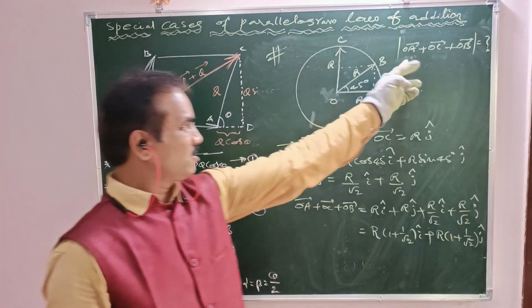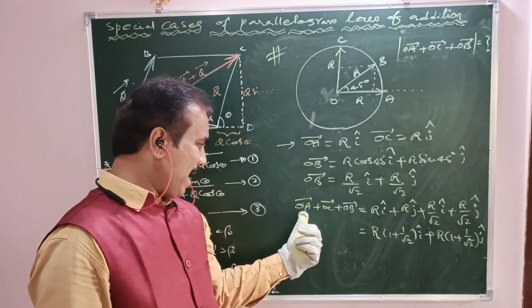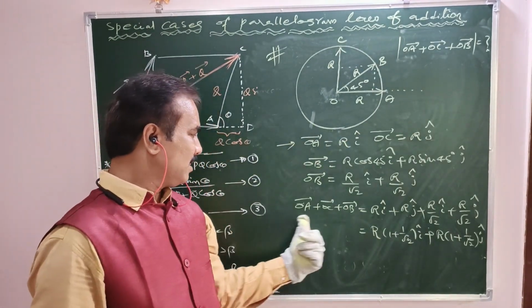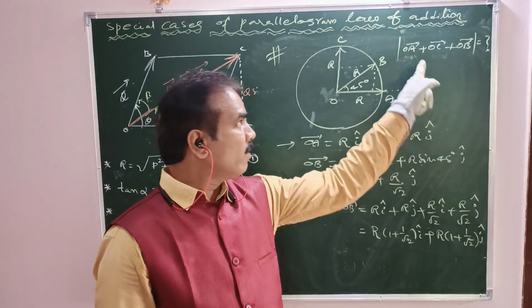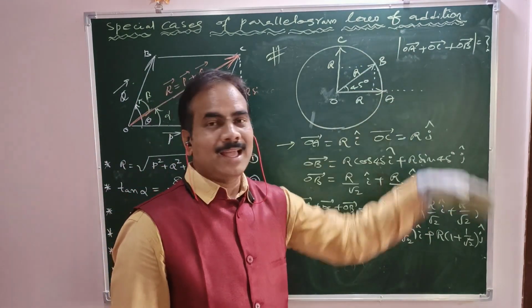Now take the modulus. We have to find the magnitude of this resultant vector.